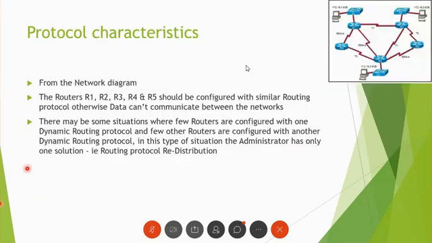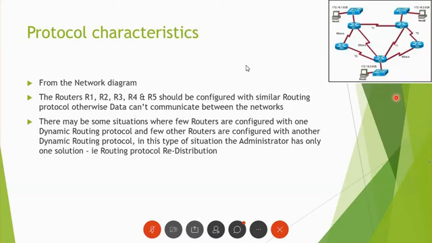If you look at the diagram, the routers R1, R2, R3, R4 should be configured with a similar routing protocol. Suppose we use RIP, we should use RIP on all the routers. If you are using OSPF, we should use OSPF on all the routers.